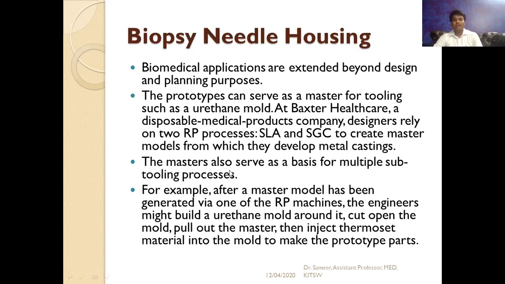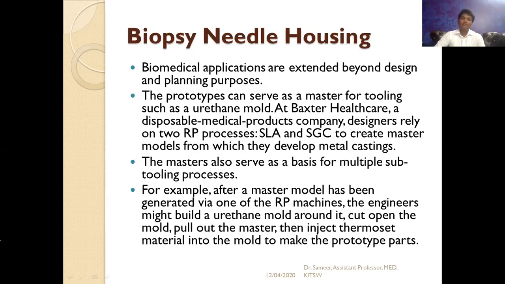The masters have served as a basis for multiple sub-tooling processes. For example, after a master has been generated via one of the RP machines, the engineers might build a urethane mold around it, cut open the mold, pull out the master, then inject the thermoset material into the mold to make the prototype parts.